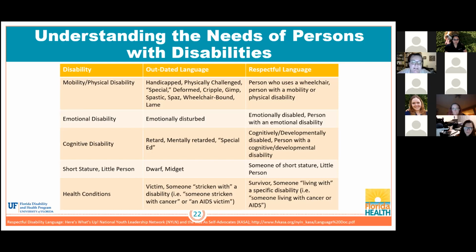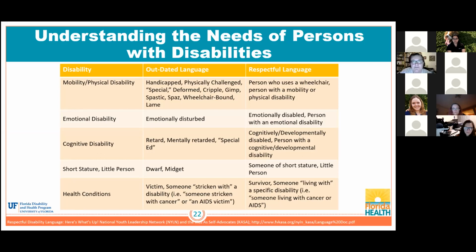And finally, how we talk about health conditions is really evolving. Old outdated language is the language of victimhood. The idea of somebody stricken with a disability, somebody who is a victim of something, an AIDS victim in this example.